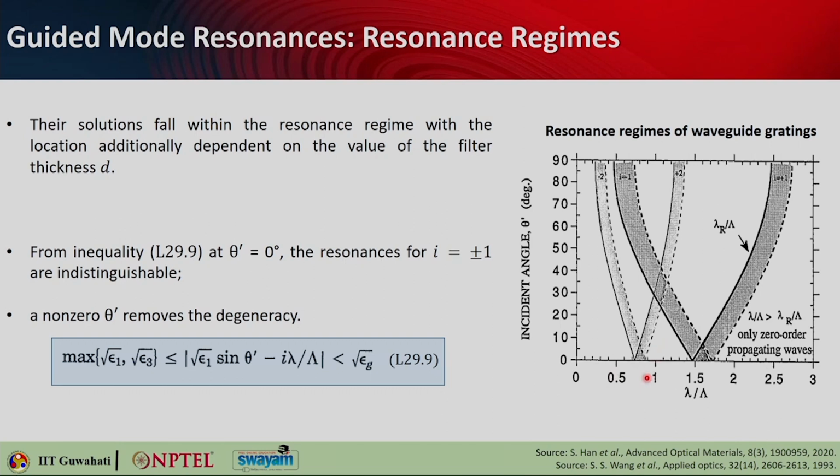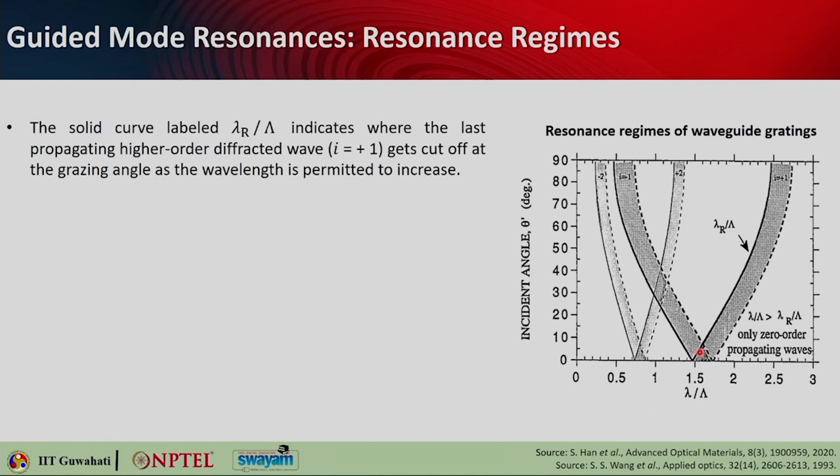Here you can see that at 0 degrees the resonance of plus or minus 1 is indistinguishable because they are overlapping, and at non-zero theta, that is at non-zero degeneracy, you can put plus or minus 1 and you can see that they do not have the degeneracy anymore.